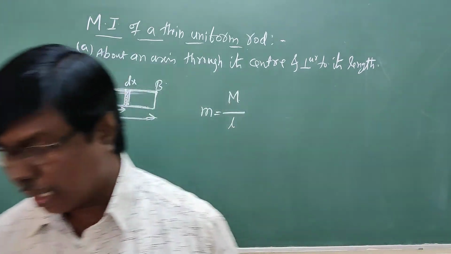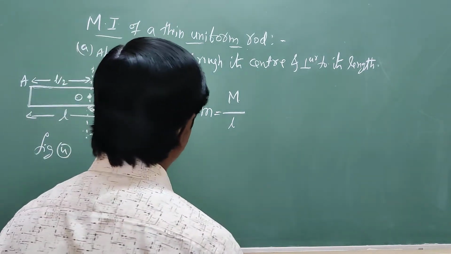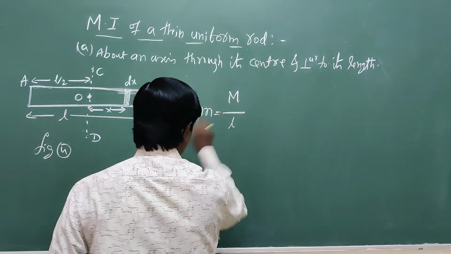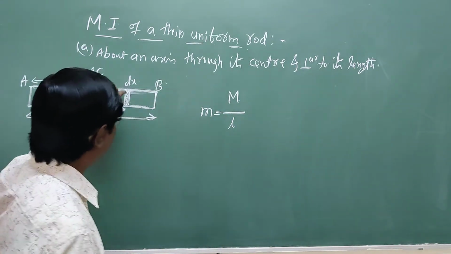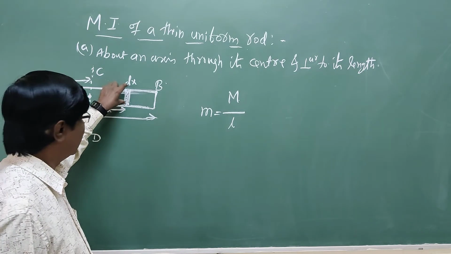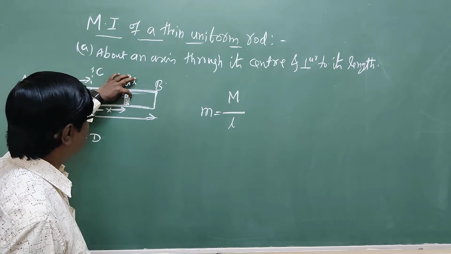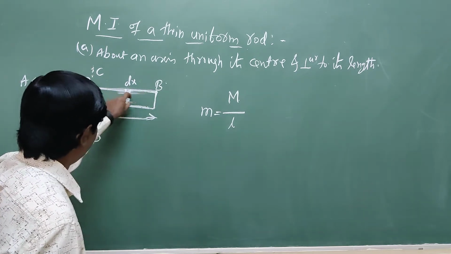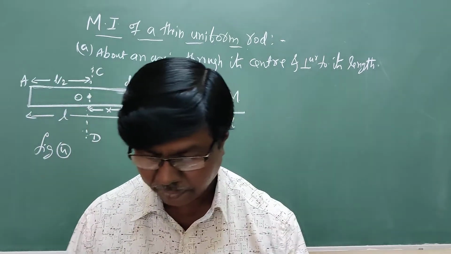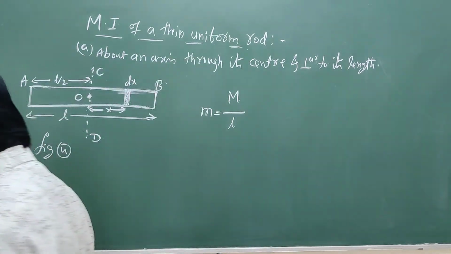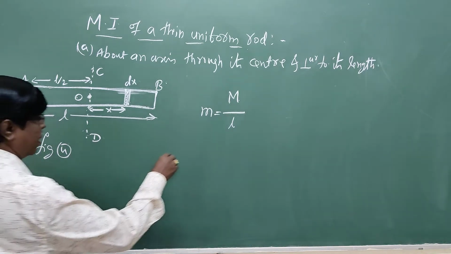First of all we will calculate the moment of inertia of this element. If you calculate the moment of inertia of this element, then the sum of the moments of inertia of all the elements gives the total moment of inertia of the whole body. Hence, the mass of this element can be calculated.